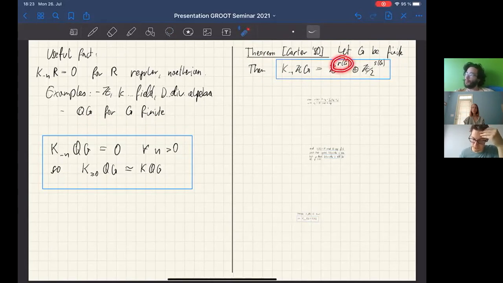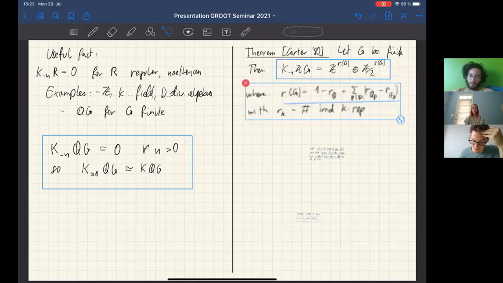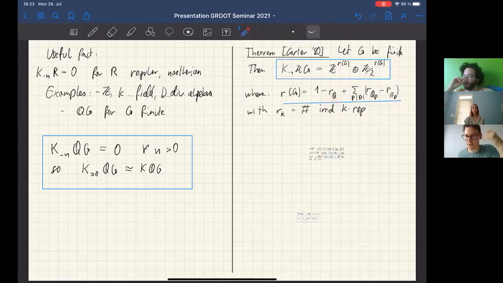Those two coefficients, r(G) and s(G), are not too bad. r(G) is given as a linear combination of numbers of irreducible representations over different fields. Namely, you compute the number of irreducibles over the rationals, over the p-adics, and over F_p, then you take exactly this sum, and this gives you this rank.